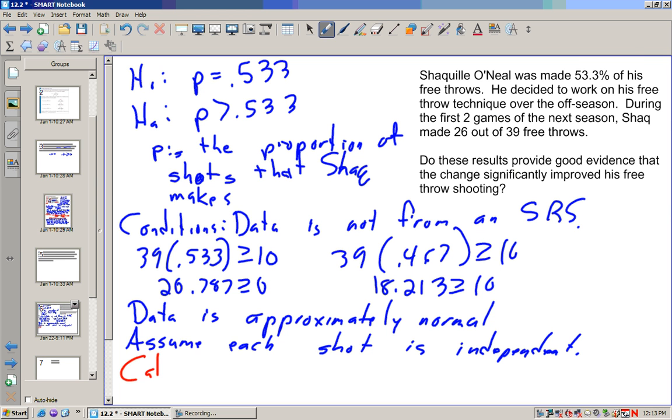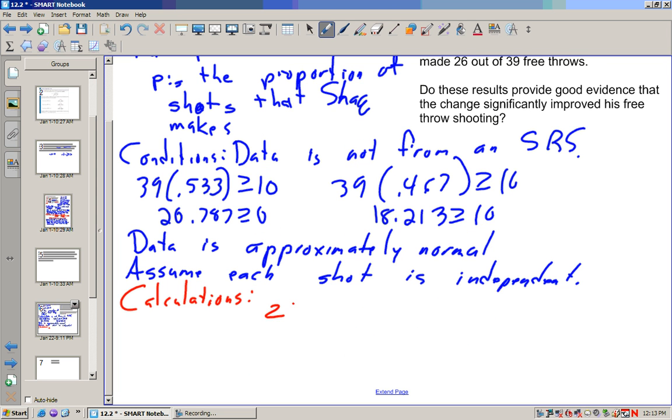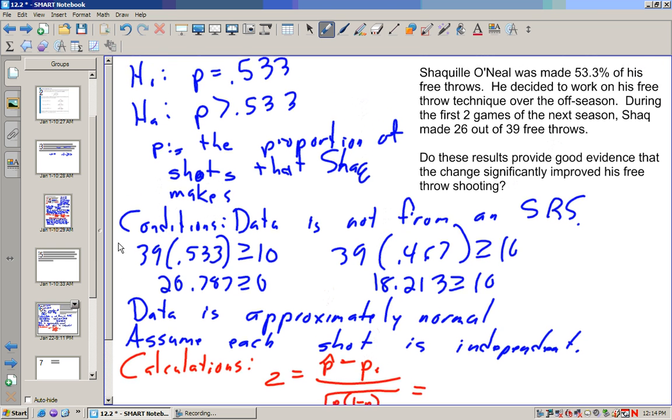All right, calculations. So we want to do a z-test because we're dealing with proportions. We're going to take our p hat, subtract our null p, divided by the square root of our null p times 1 minus our null p over n. So our p hat, what is that?